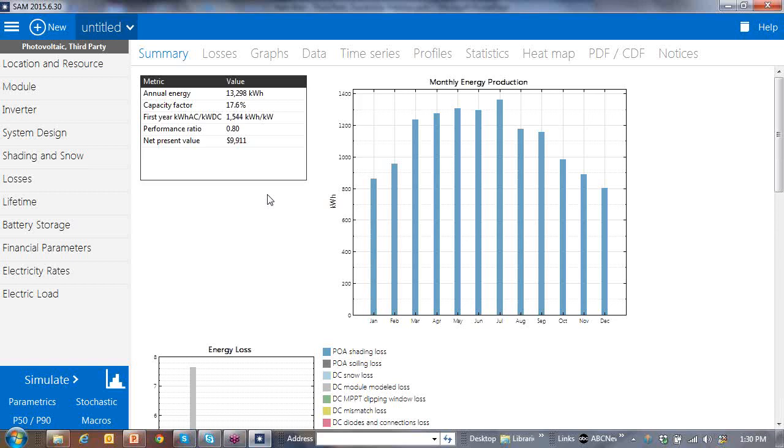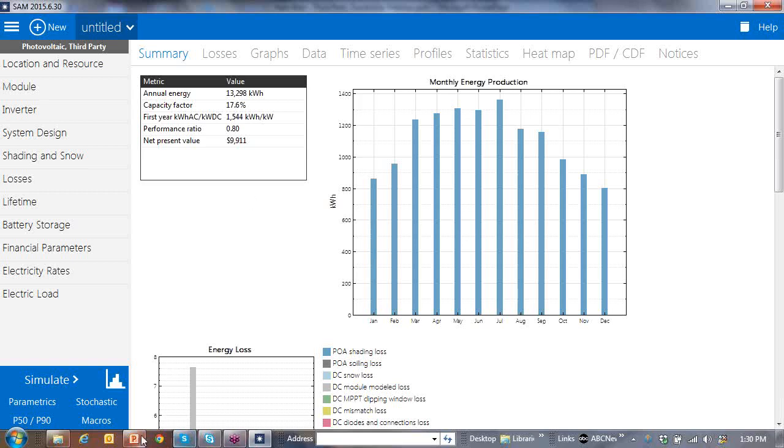Obviously, there's uncertainty in the inflation rate, the electricity escalation rate, the load, and so forth. And so these are all the areas that we think would be of interest to analysts as well as potentially commercial building owners and installers that are trying to investigate this space with their potential customers.